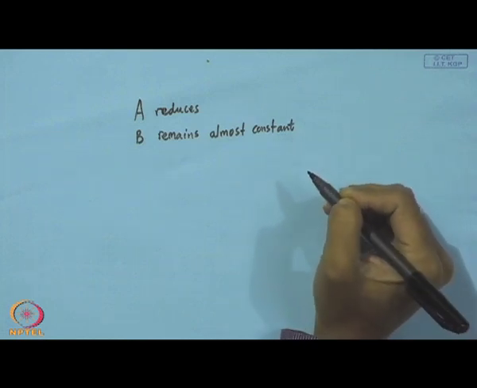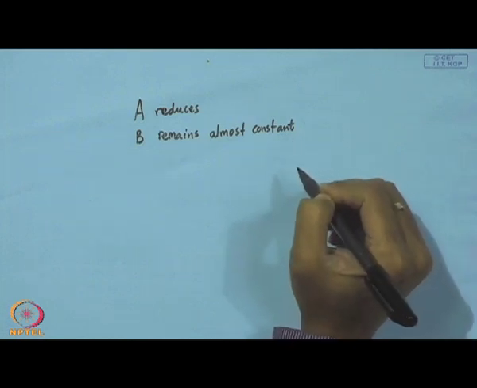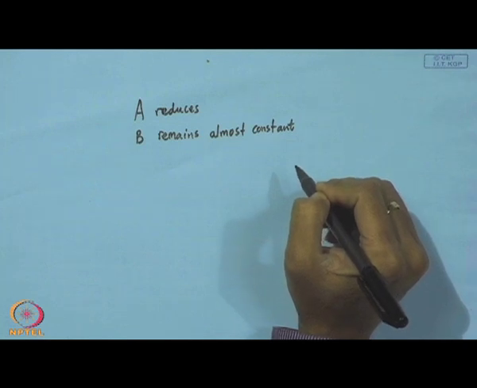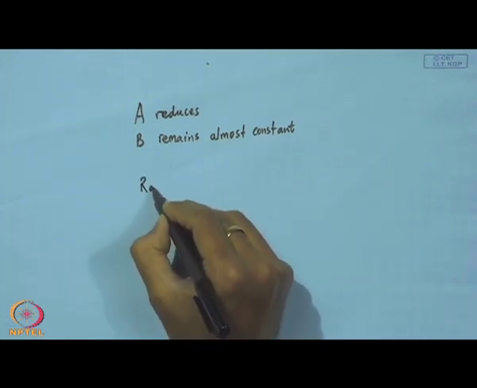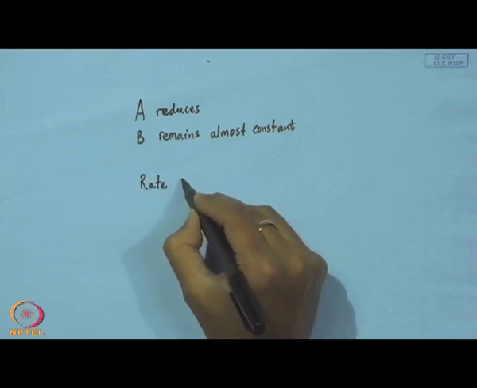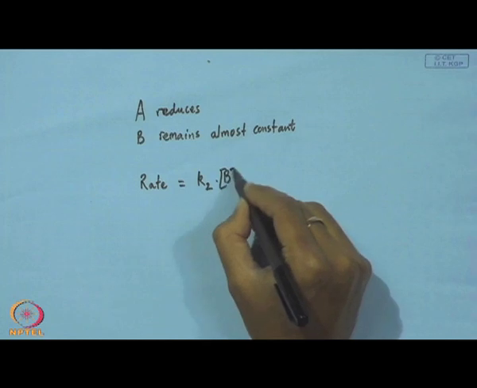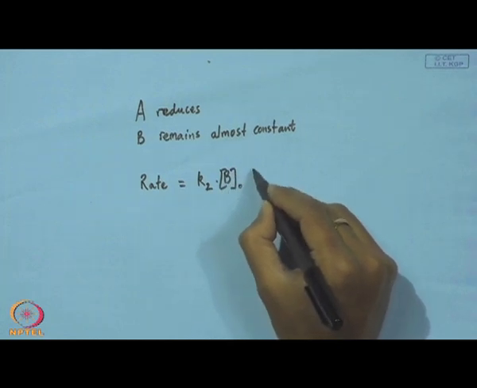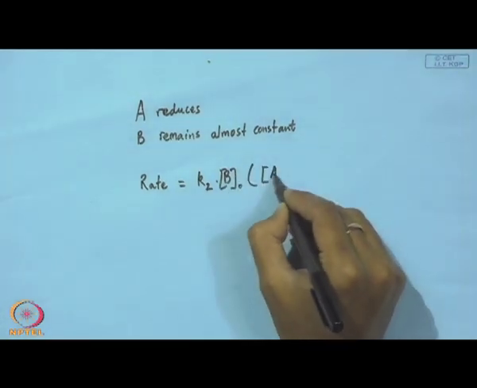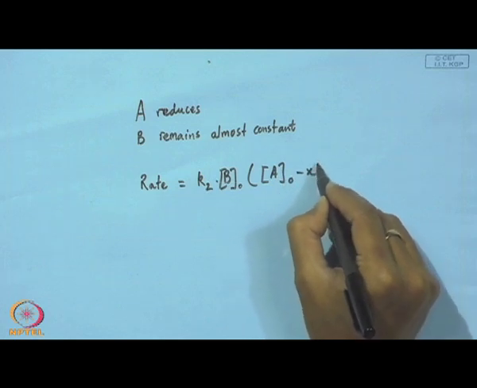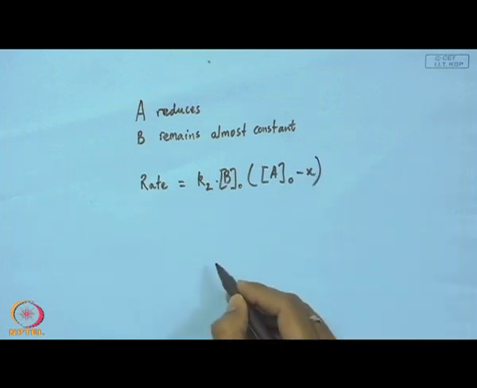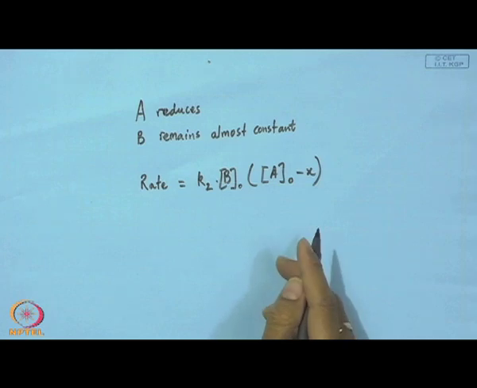Now if we plot this one, the plot will look like a first order one. That means rate will now be written as K2 B naught times (A naught minus x), so the plot will look like a first order plot.